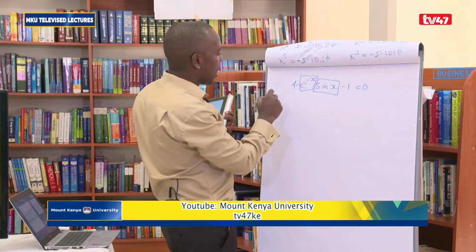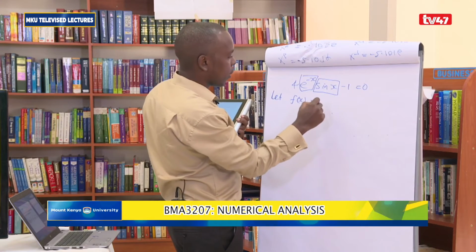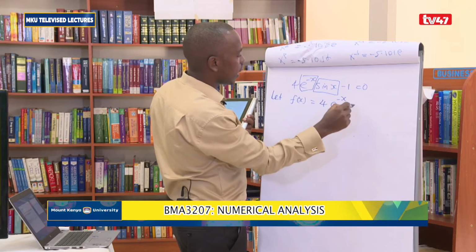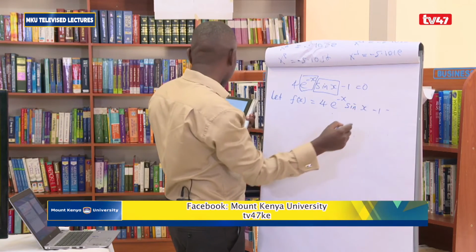So we can write the function f of x to be 4 exponential negative x sine x minus 1.